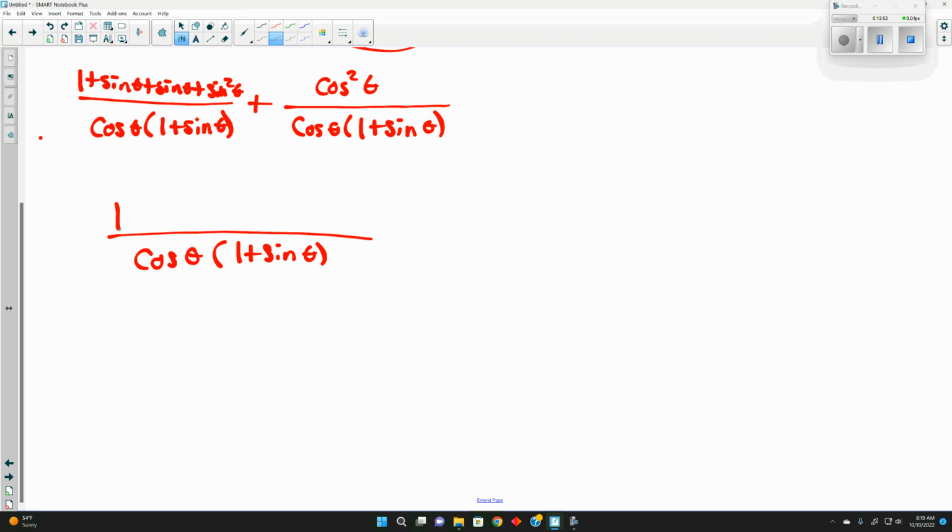So we'd have 1 plus 2 sine theta plus sine squared theta plus cosine squared of theta. In algebra 2 and algebra 1, we would have simplified the numerators, then added them together. But I feel like at this point, combining like terms and adding the two numerators, we can do that all in one step. That's not too big of a stretch for us anymore.